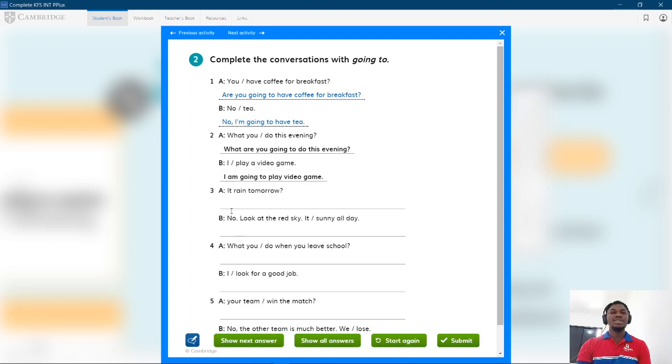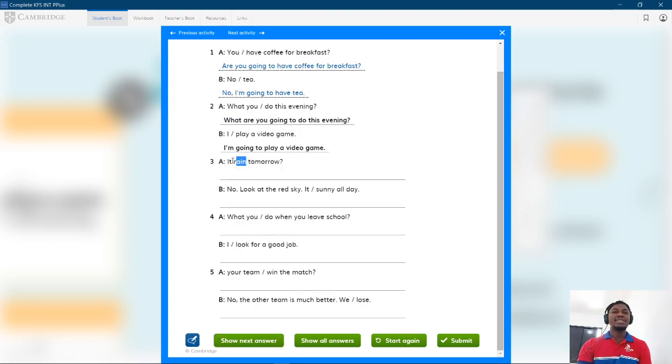Let's see. Next question. It's raining. It's rain tomorrow. So the correct form is it going to rain? Okay. So, is it going to rain tomorrow?